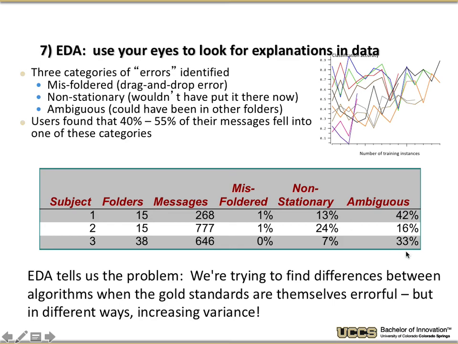So if I label the data a little bit deeper, then I can start finding out that for a whole bunch of the people that were difficult, 40 to 55% of the messages fell into one of those 3 bad characters. They dragged it and dropped it in the wrong place, they wouldn't have put it there now. So if you ask them tomorrow where this folder goes, it'd be in a different location, or they could have just put it in other folders.